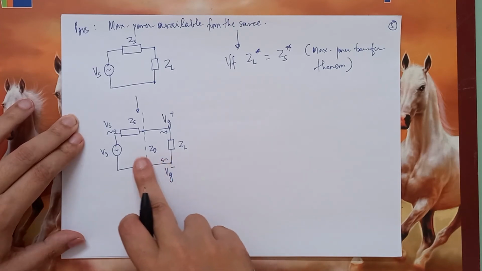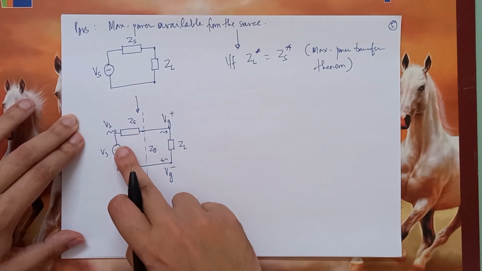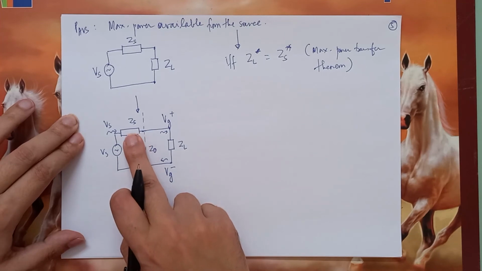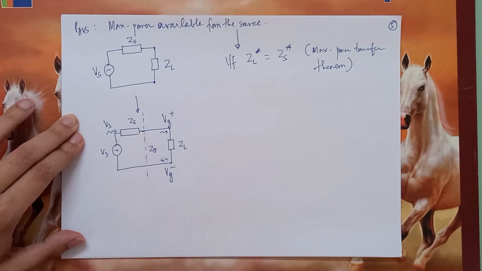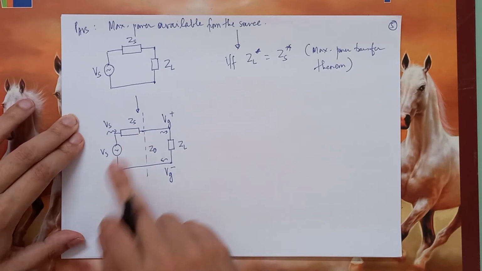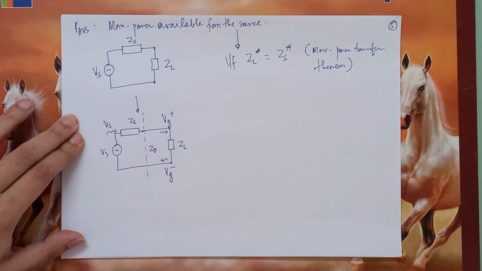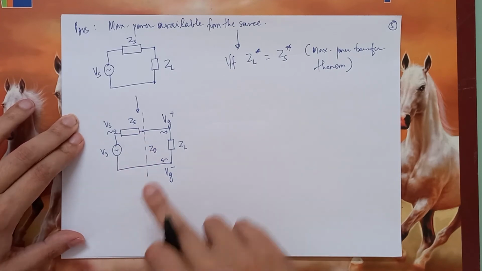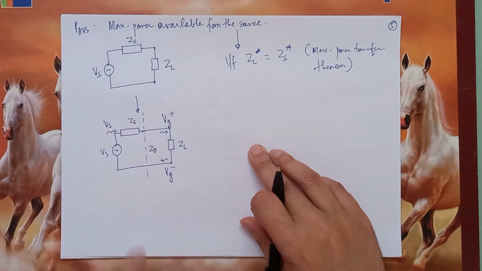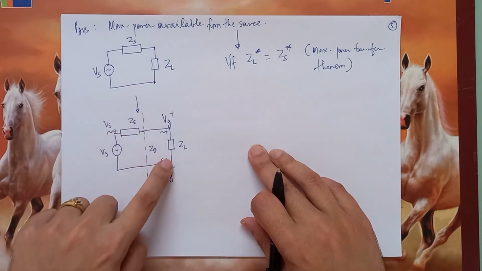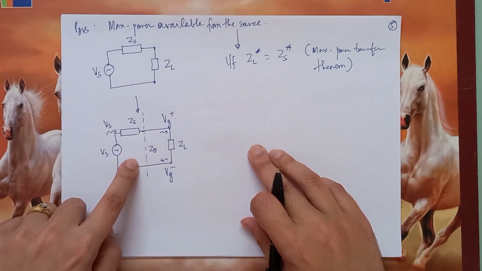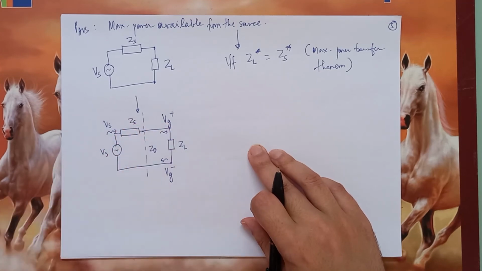Now, when this Vg minus comes here, the source has zero impedance, but this one, Zs, has some impedance. So therefore, there will be some reflection. And if you notice, there is no other impedance seen by Vg minus except Zs before it comes to Vg plus.